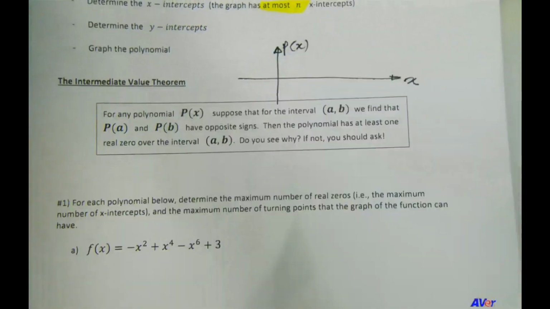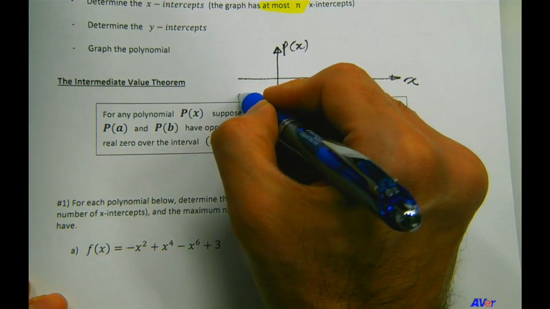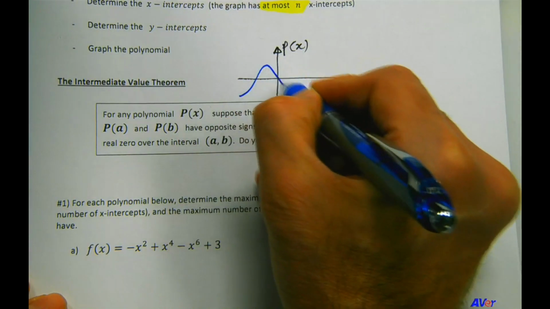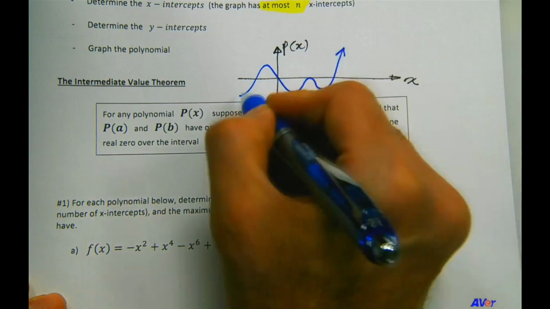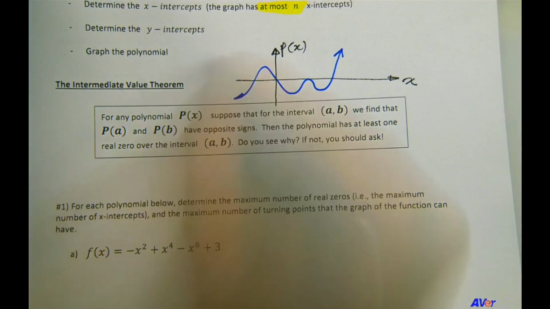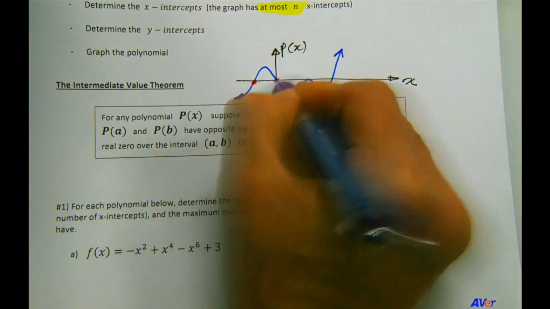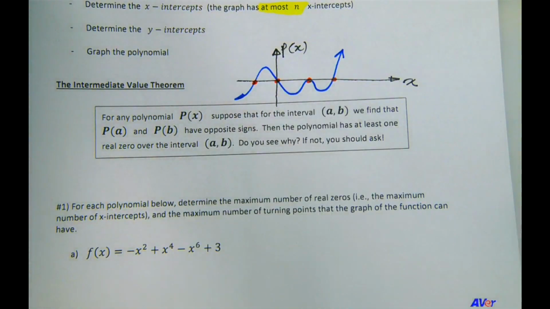Suppose we have a polynomial that graphs like this, right? Clearly we have zeros here, here, and here, and here.